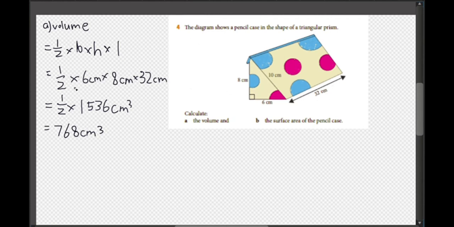So our calculation will be 1/2 times 6 cm times 8 cm times 32 cm, which equals 1/2 times 1536 cm cubed. Our final answer will be 768 cm cubed. So 768 cm cubed is the volume of this triangular prism.